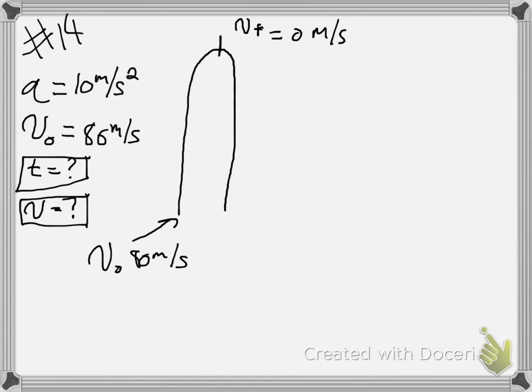So if its velocity is 80 meters per second, and the velocity is in the upward direction, and our acceleration is 10 meters per second squared, that's 10 meters per second every second, and it's pulling it down. How many seconds at 10 meters per second does it take to cancel out 80 meters per second? 80 meters being scrubbed off at 10 meters per second, that's 8 seconds.